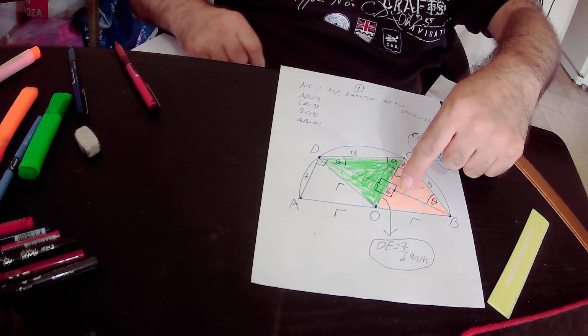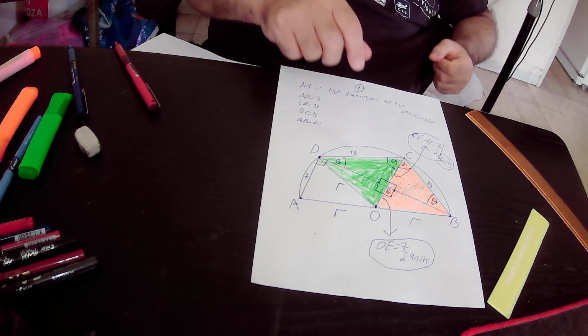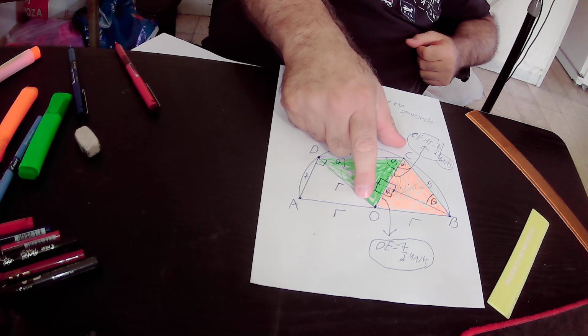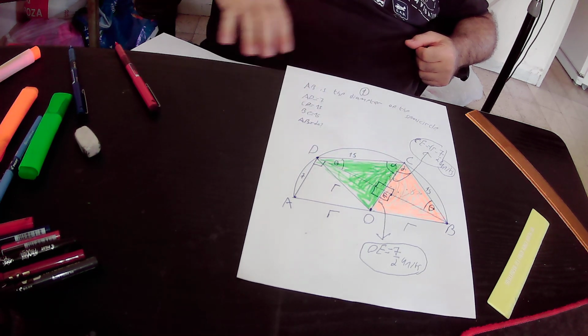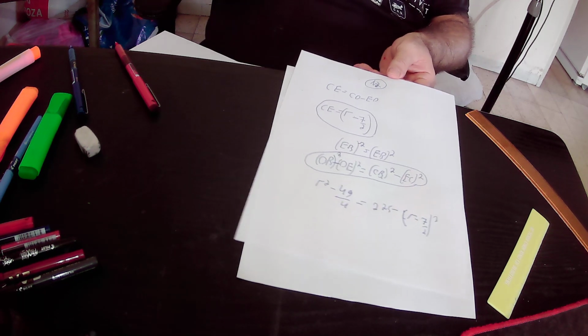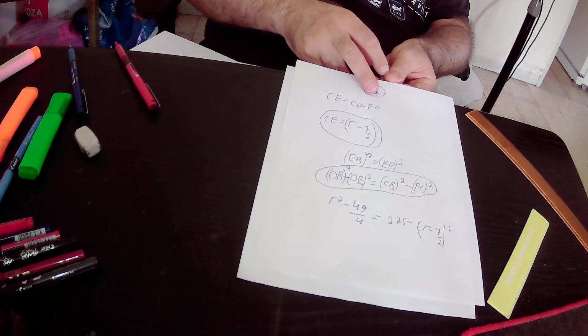And what is the size of EC? EC equals OC minus OE, or CE equals CO minus EO.